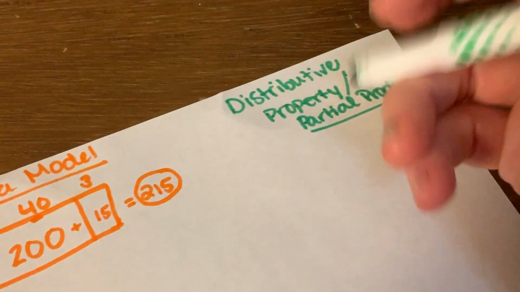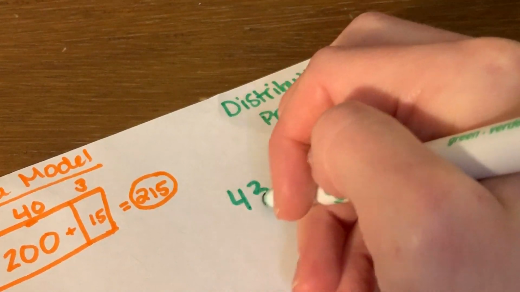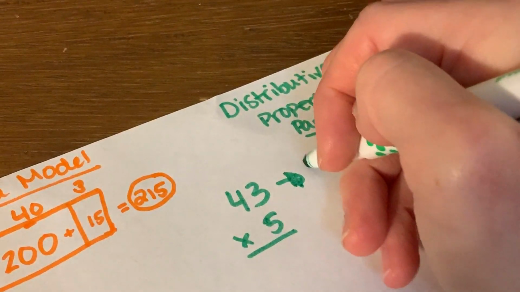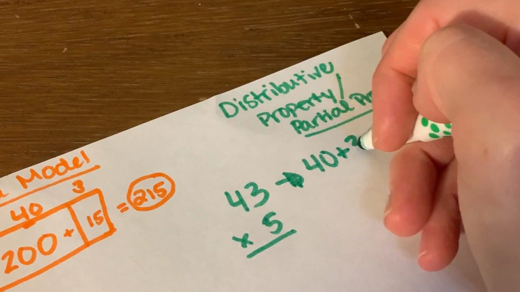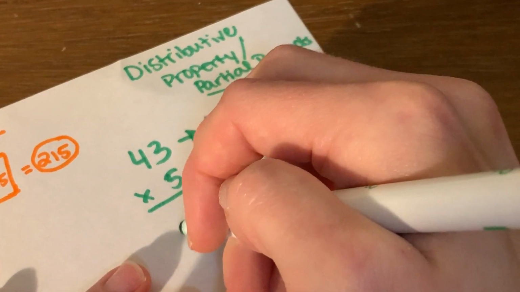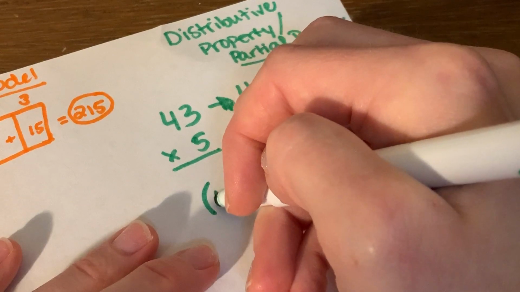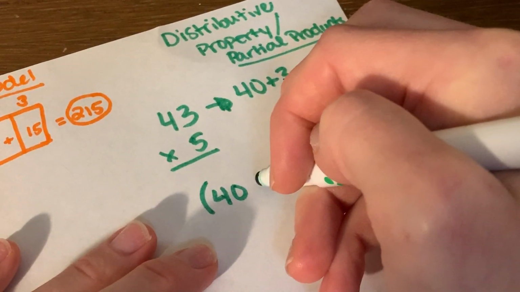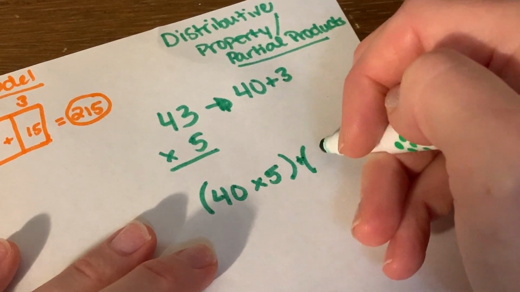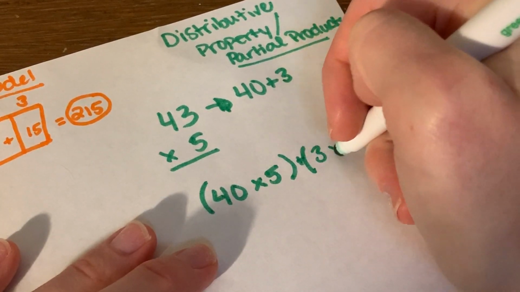So once again, we've got 43 times 5, splitting it into 40 plus 3. Okay. Now, this time, I'm not drawing a model. I'm going ahead and using parentheses and doing 40 times 5 plus 3 times 5.